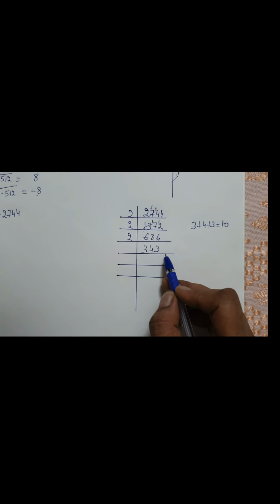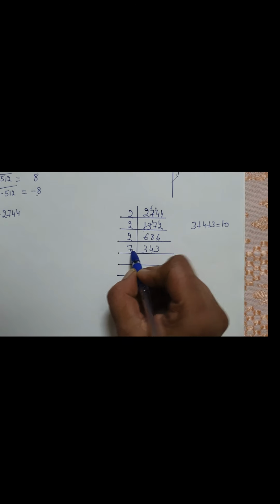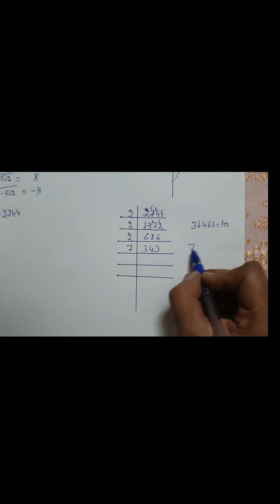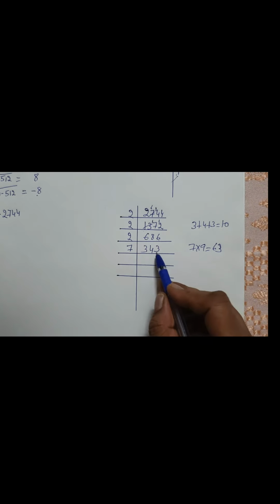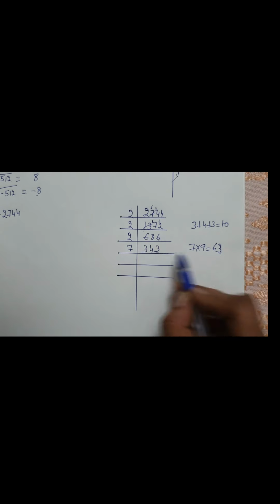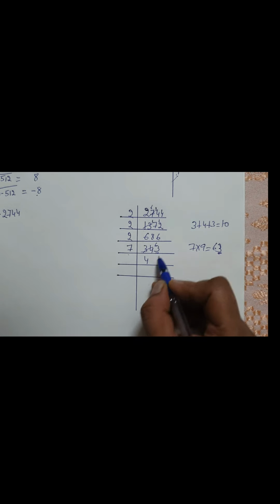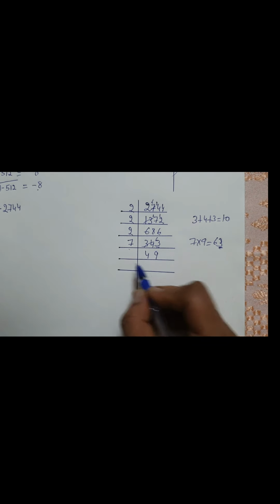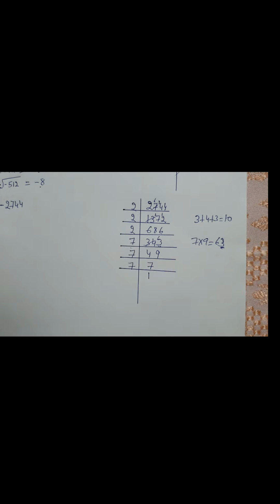We will take the next number, that is 7. We will take 7, because 7 9s is what? 63. Okay. So 3 is in the units place. So 7 4s are 28. 6 carry here, 7 9s are 63. 7 7s are 49. 7 1s are 7.